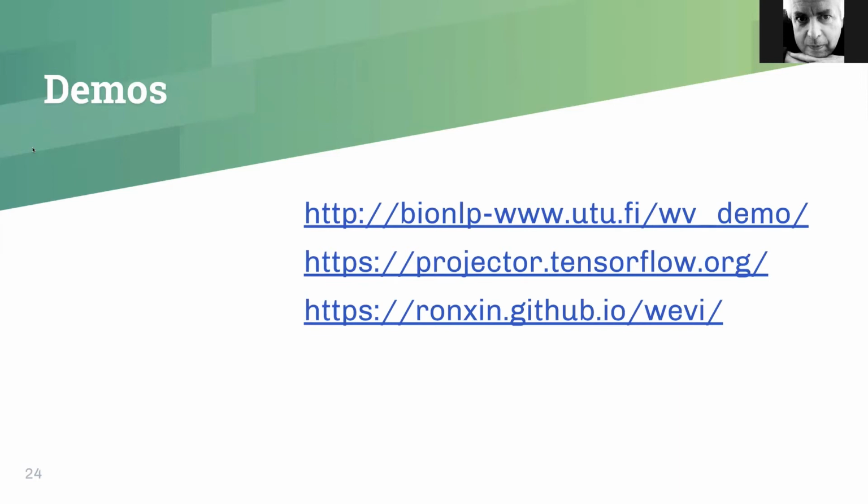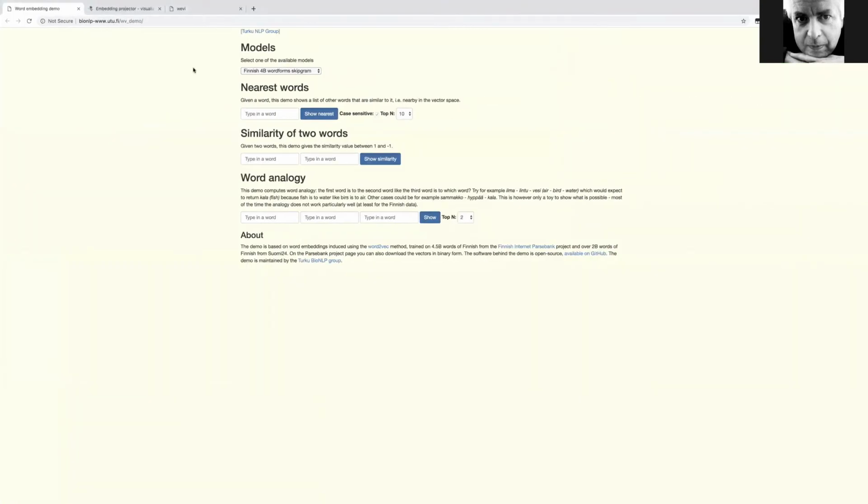I've included a few links of online demos so that you can play around with using word embeddings for yourself. I'll go through some short examples. For the first one, I remember to use the English corpus, and then I see what is similar to the word Obama.